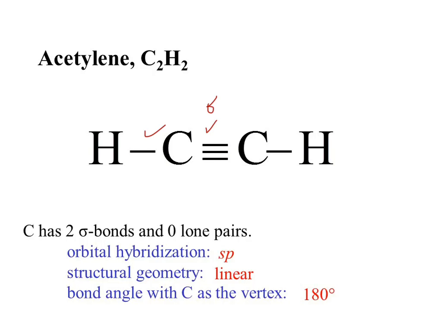Hopefully you're getting a sense that you can look at the Lewis structure, go atom by atom, and get a sense for the shape around each atom based upon the Lewis structure and orbital hybridization, and then you can assemble the shape of a molecule. You're going to get some work at that for your homework at the end of this part.